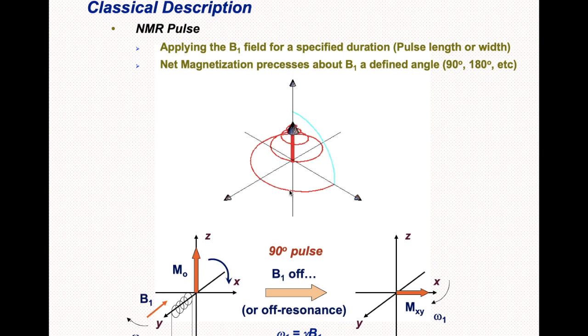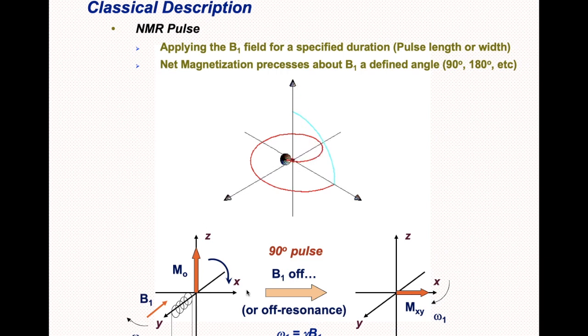So the moment you switch off the pulse, it will try to come back and align with respect to the original direction, that is, along the applied field direction. Now you can see very clearly, the moment the pulse is applied, it is tipping and starts rotating in the XY plane, and once it is switched off, it will try to go back to the original position.